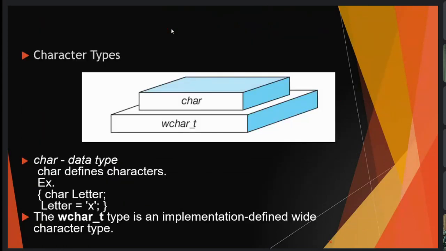So again, how do you create a variable for characters? You simply define the data type, and then the variable name. So how do you store a character on this variable? Take note, any characters are always enclosed with a single quote.